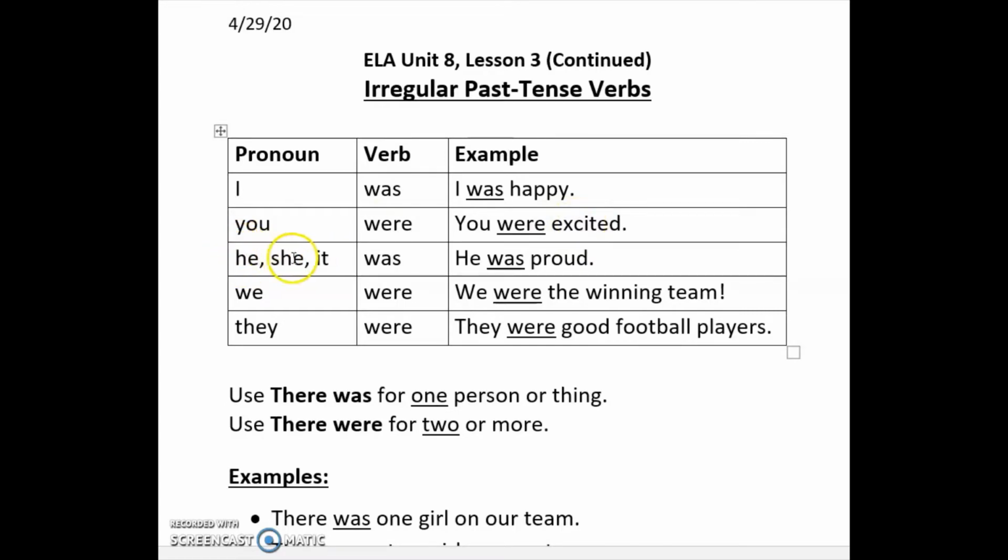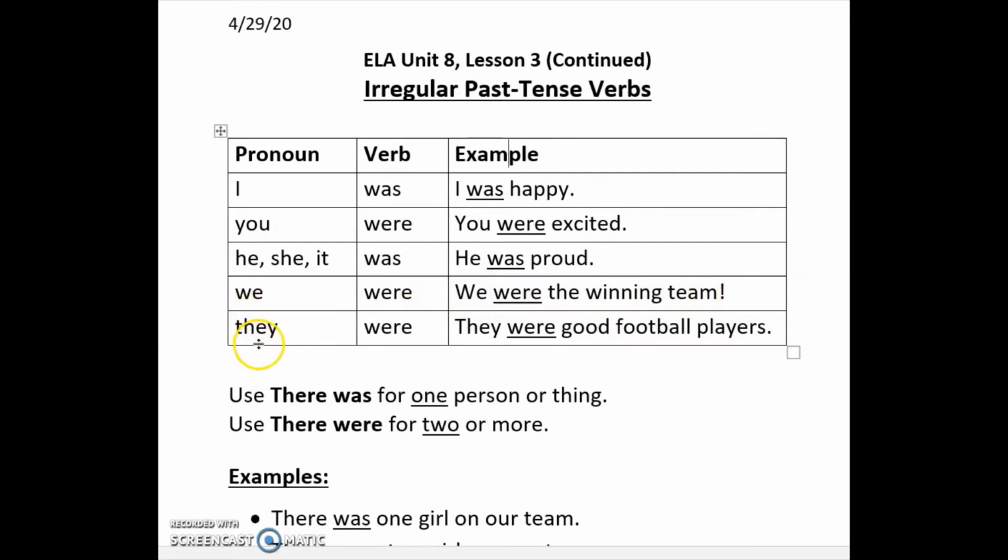He, she, it. Remember, he is for a boy, she is for a girl, it is for a thing, a pencil, a computer, a phone, a thing, right? He, she, it was. He was proud. We're talking about a group of us, right? We were the winning team.